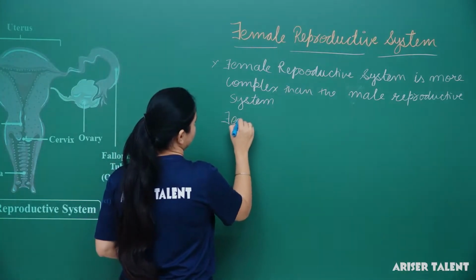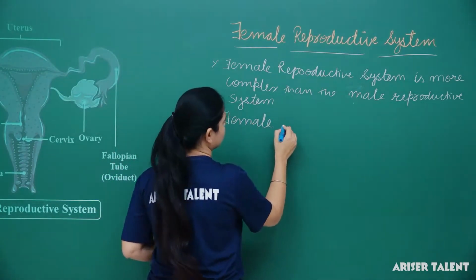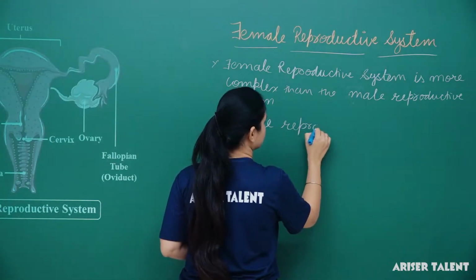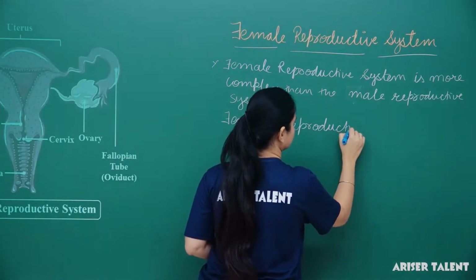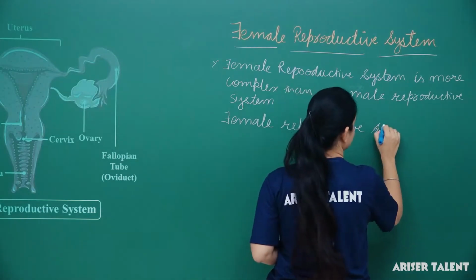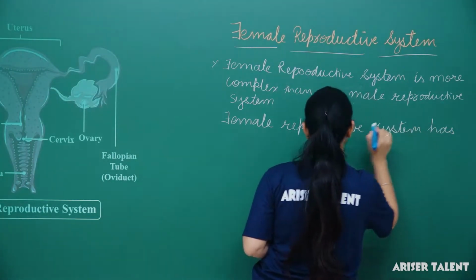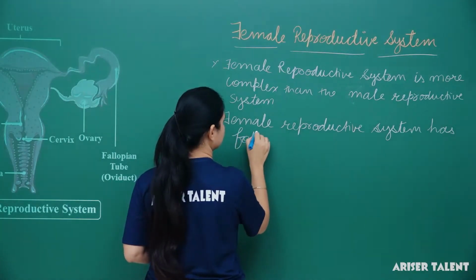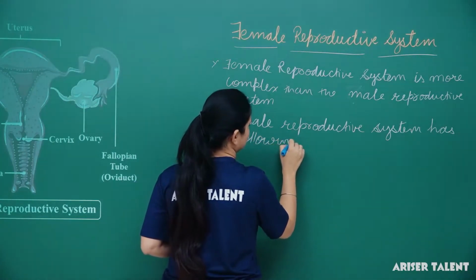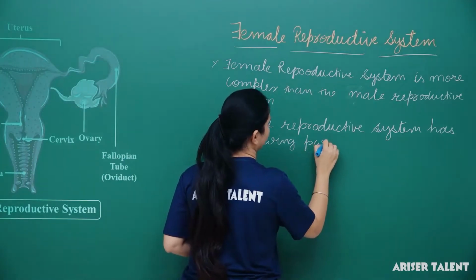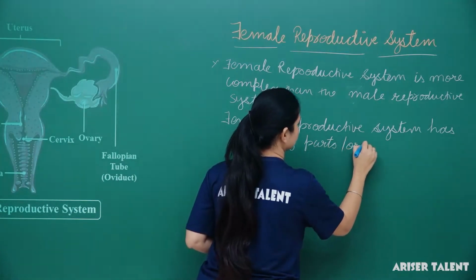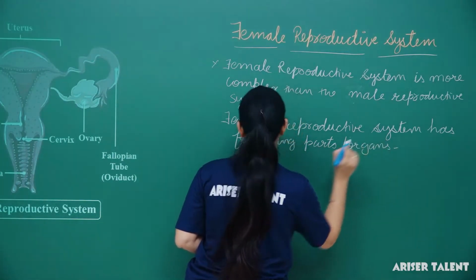The female reproductive system has four main parts or organs. What are they?